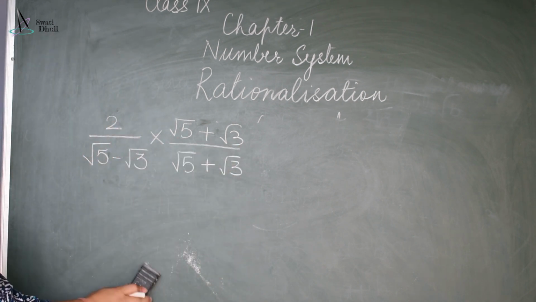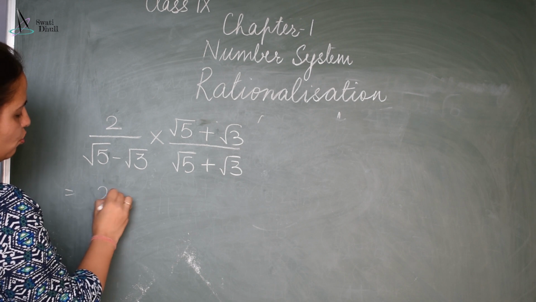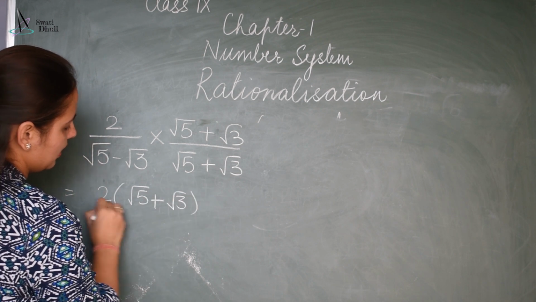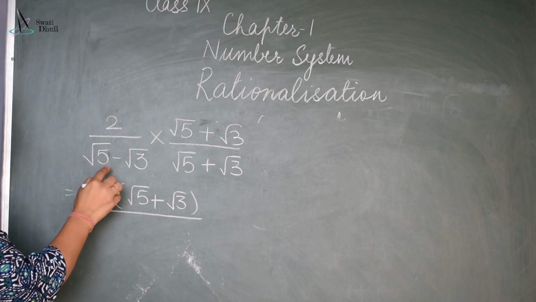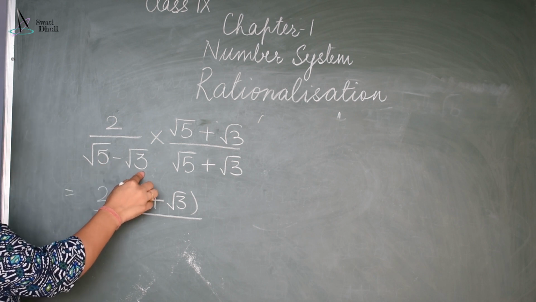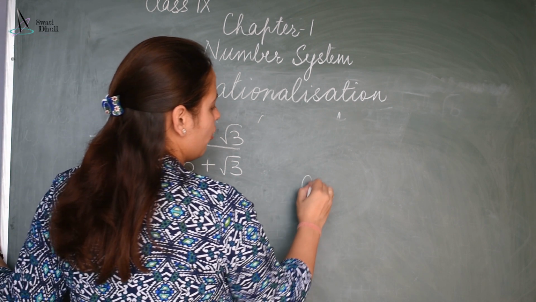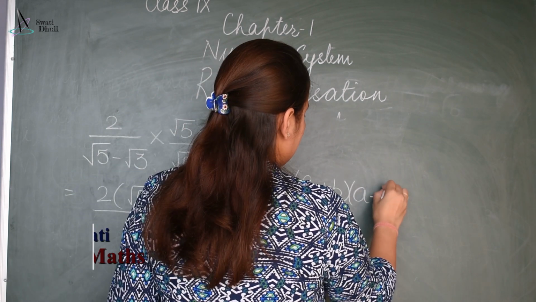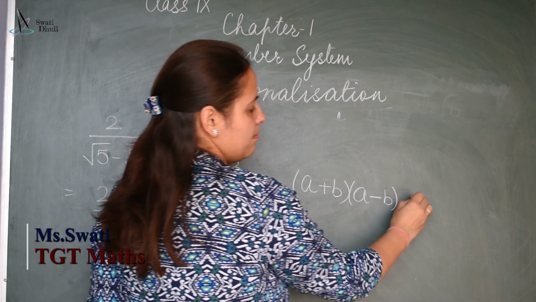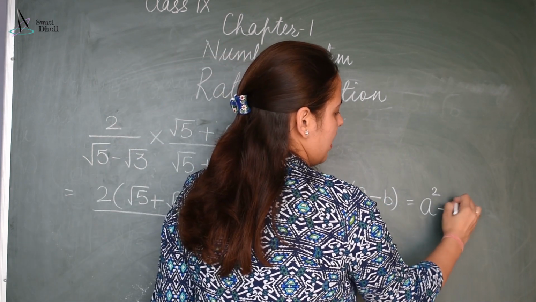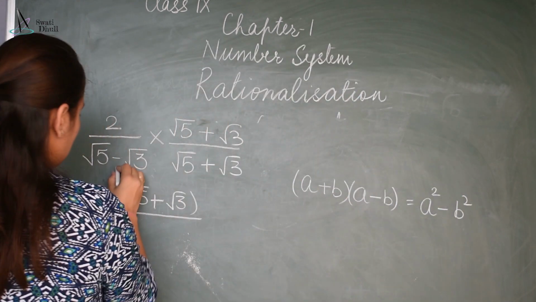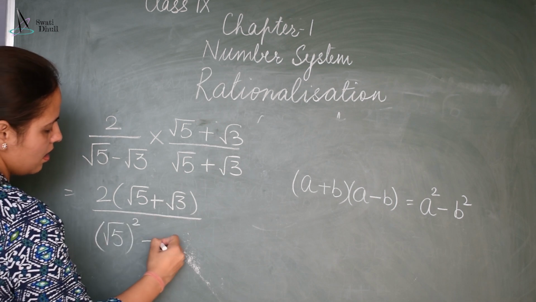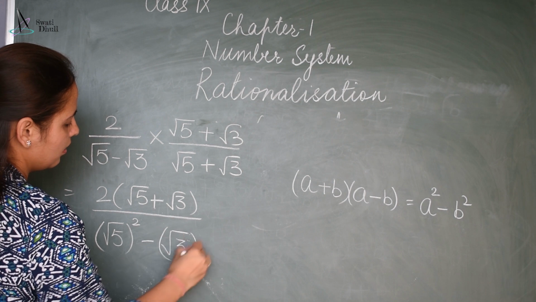So your numerator will become 2 into root 5 plus root 3 divided by, see here, this is a minus b into a plus b. We have already studied in identities that a plus b into a minus b is a square minus b square. So this will become root 5 whole square minus root 3 whole square.